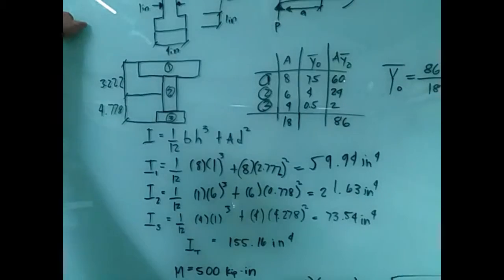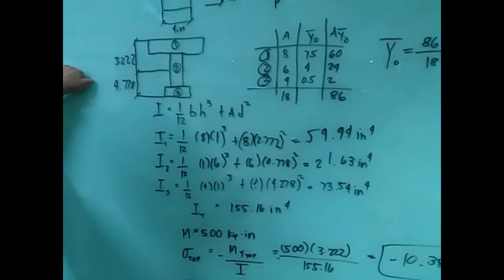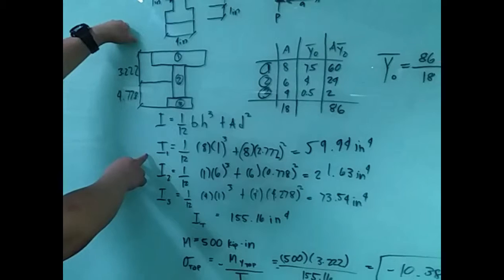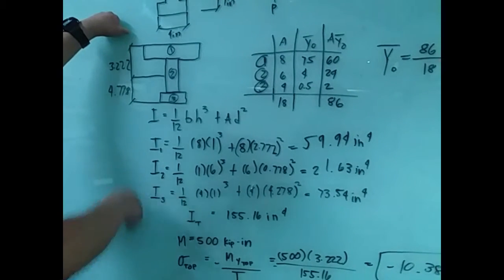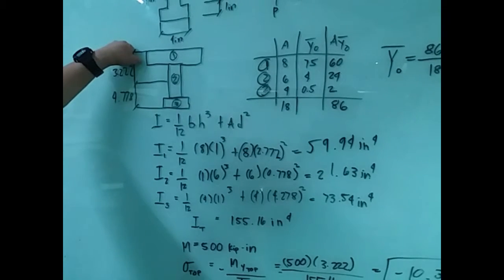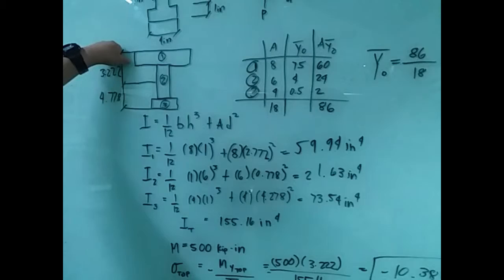And then we find the moment of inertia of the figure by adding all the moments of inertia for the 3 parts. For the first part, this figure has a base of 8 and a height of 1. We get 59.94 inch to the fourth.